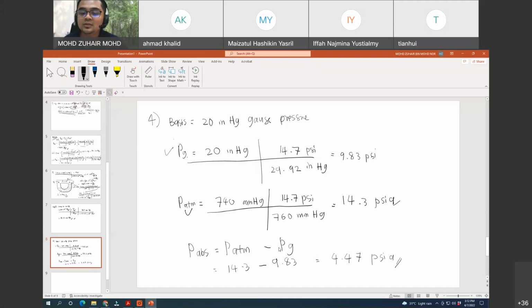So the manometer reading is lesser than the atmospheric pressure. So we have to subtract it from the atmospheric pressure at the end to get the absolute pressure. So this is the absolute pressure inside the chamber, inside the tank, actually, at the end. Okay. Any question?